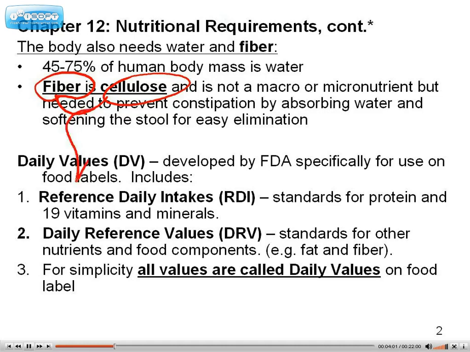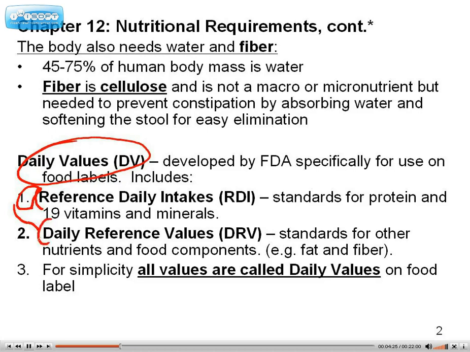Now, oftentimes, nutritionists have figured out for the general population how much you need of each type of macro and micronutrients. So we basically have what we call daily values. Those are on the back of food labels, and we have two types. We have reference daily intakes, RDIs, and we have daily reference values, DRVs. RDIs are for proteins, vitamins, and minerals.